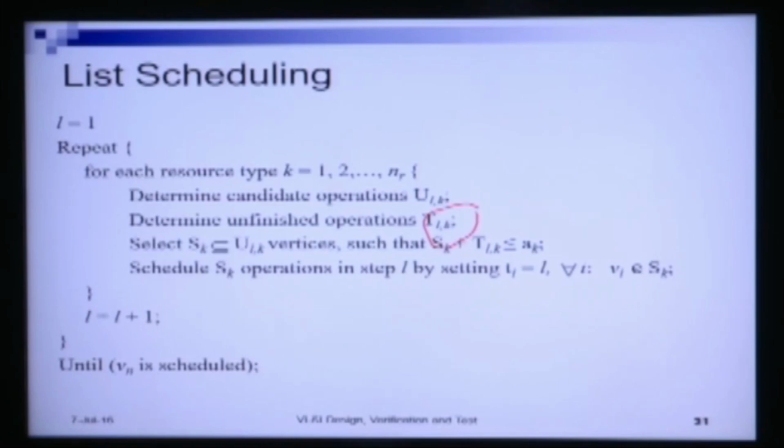The next step is to select SK, a subset of ULK. So, I can schedule at most ULK of the operations because ULK operations are only ready. Now, I cannot schedule all of them because I have resource constraints, and therefore, I will select a subset SK of these ULK operations such that SK plus TLK is less than equals to AK. So, AK is what?